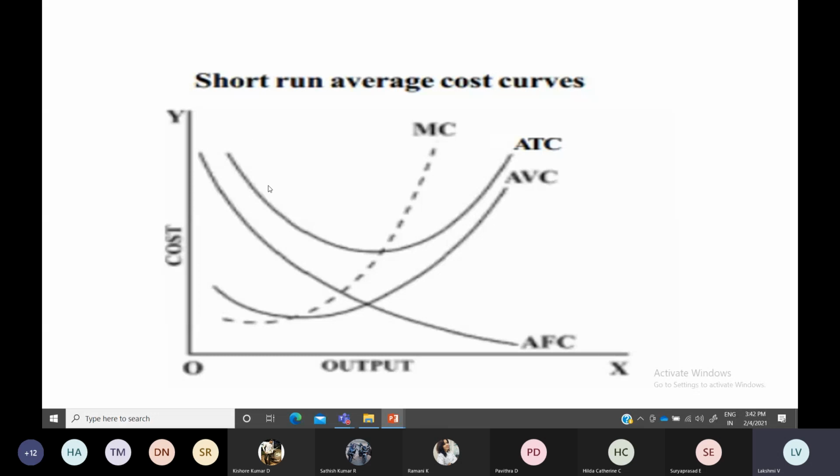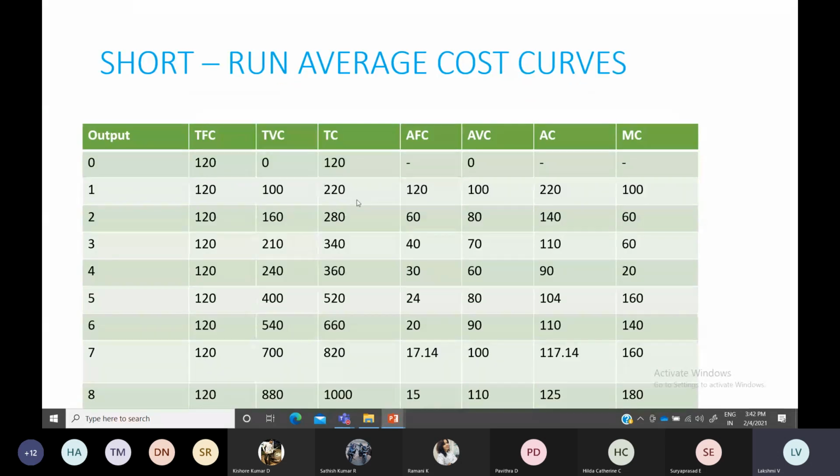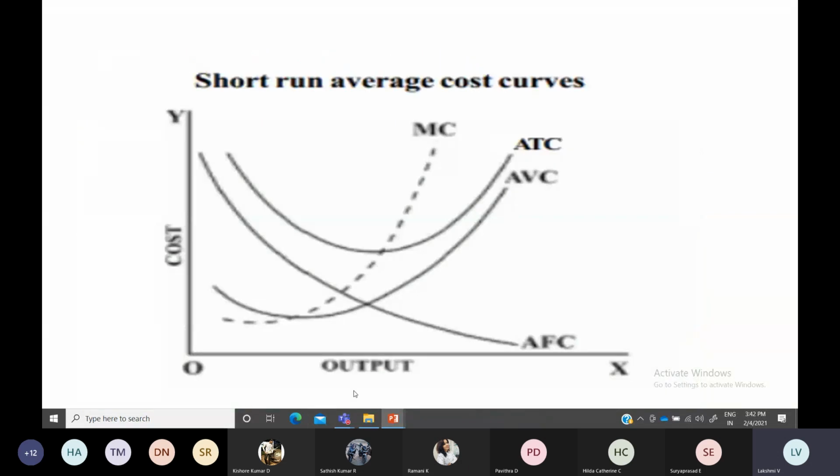Which one is increasing? Which one is declining? That only you have to explain in the short run average cost. You have to give a table and then a diagram, and under that explain which curve is decreasing, and after reaching a minimum point, increasing. All those things you have to explain here.